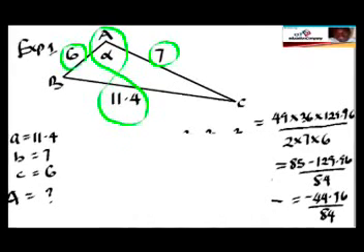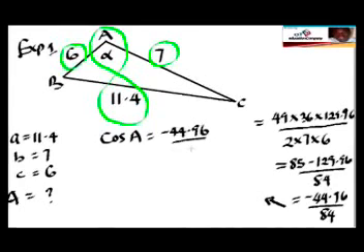I have a very small space to manage, so this will just go this way. Here I have my cos A equal to minus 44.96 over 84. Let's see what that would be.